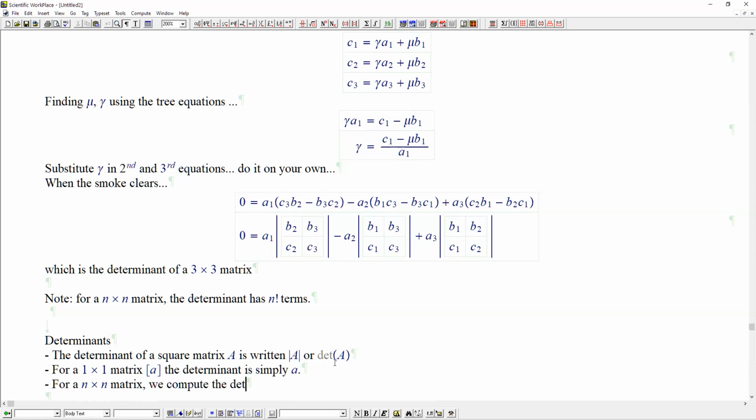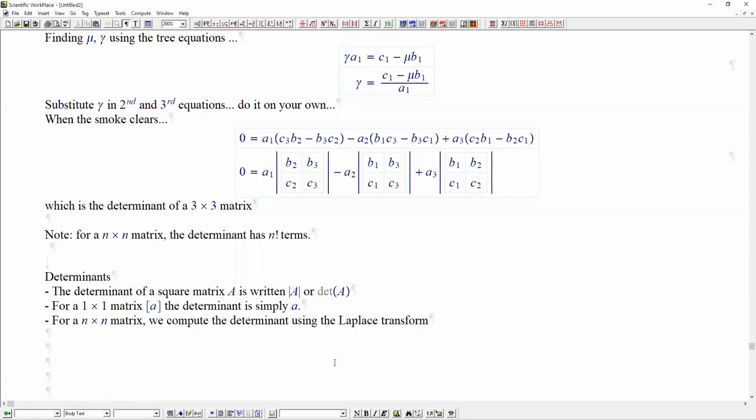Well, there are many ways to compute it, but I'm telling you the more traditional, intuitive way, using the Laplace transform, sorry, not transform, expansion, named for the famous physicist and mathematician in France, Laplace.